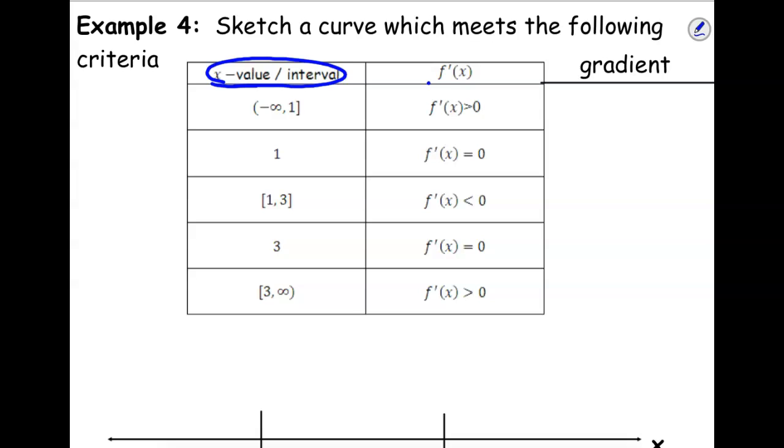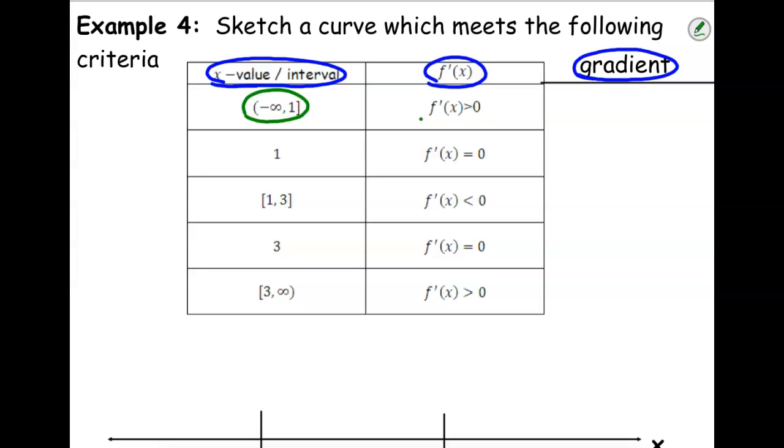In column 2 is evaluating the derivative function, and what you would get is a positive number, a negative number, or equals 0. And then I added one more column called the gradient or your slope.